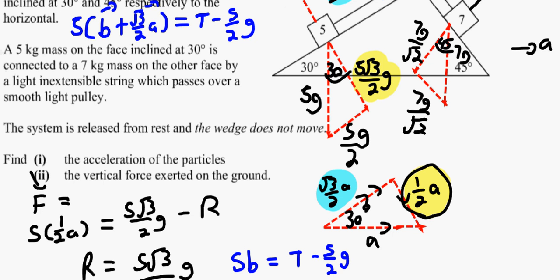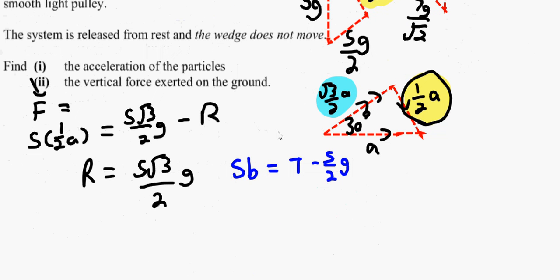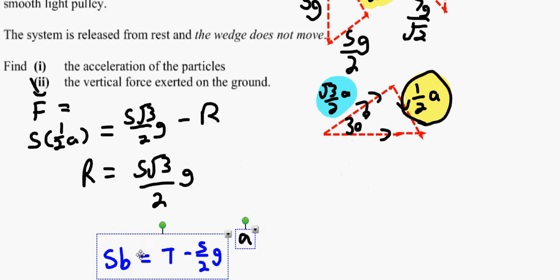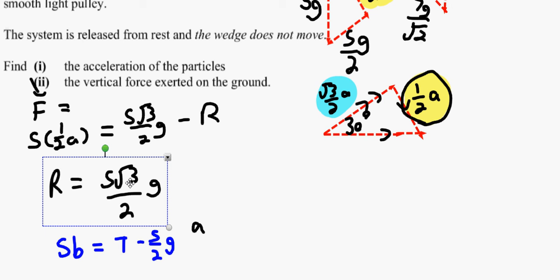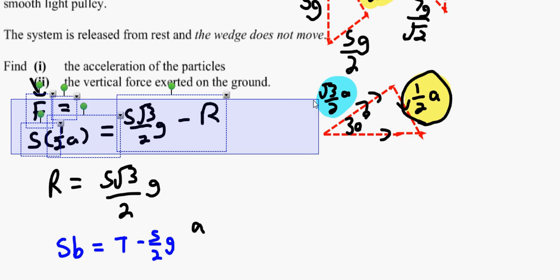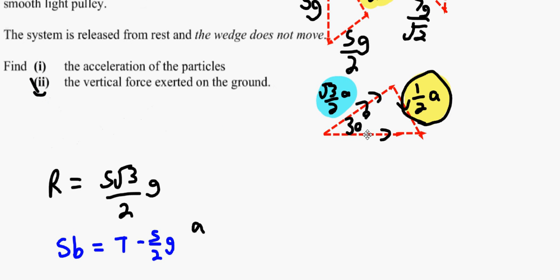And that's my second equation. So I've successfully got two equations from parallel and perpendicular of the 5 kilogram particle. So in a way, I am officially done with this, okay? So let's get rid of that and get rid of this, okay?